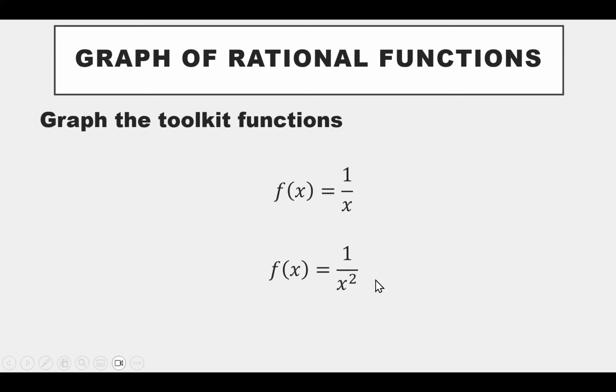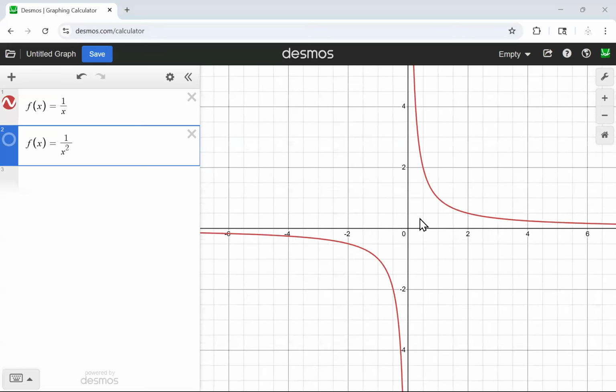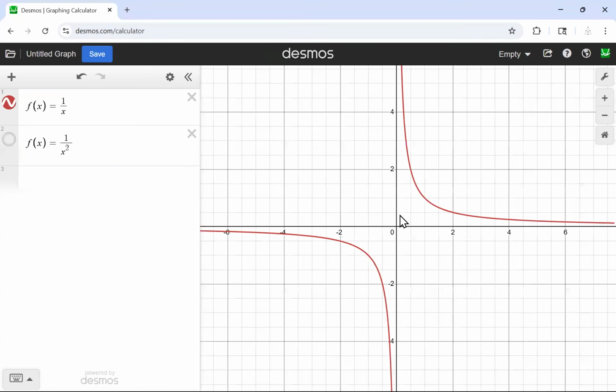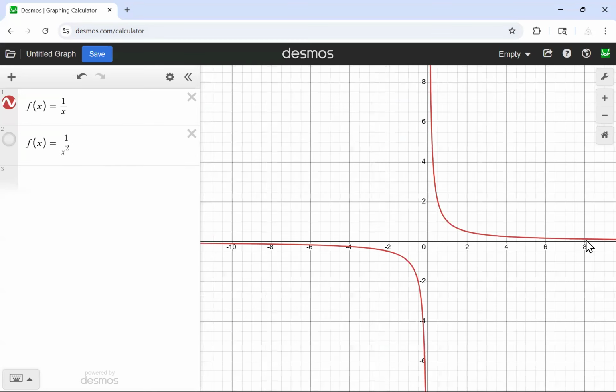So let's take a look at these two functions on a graph. Now, we've seen these graphs in an earlier video, but it's useful to revisit them. Here's the graph of f of x is equal to 1 over x. Notice that it approaches the x-axis as x goes out towards infinity and as x goes out towards negative infinity.